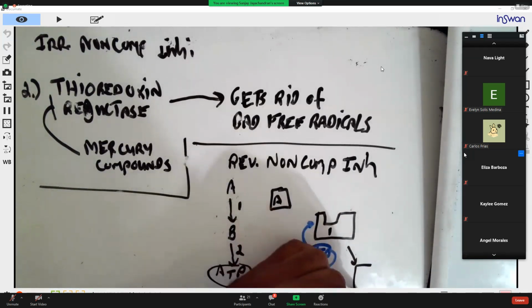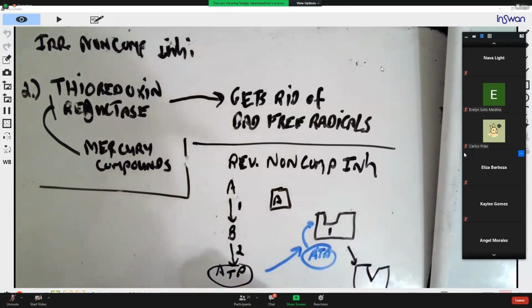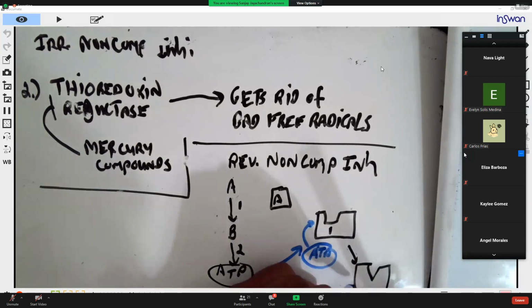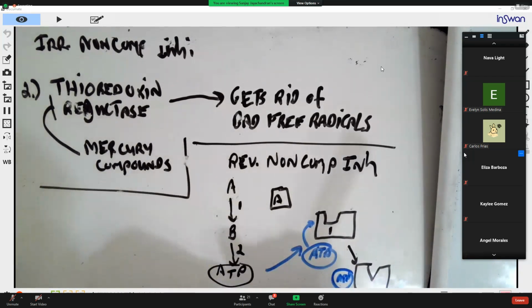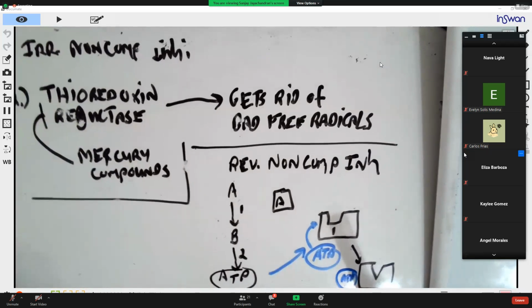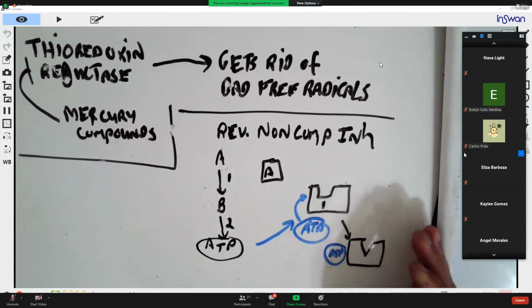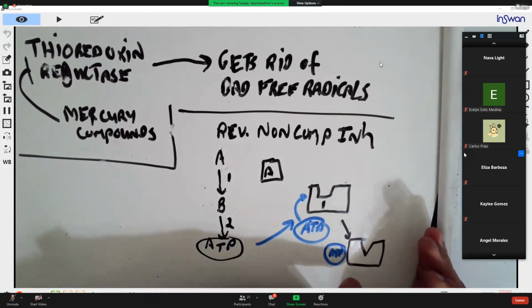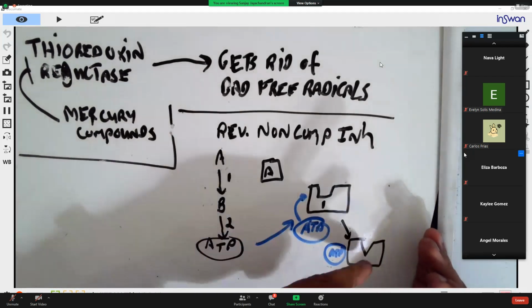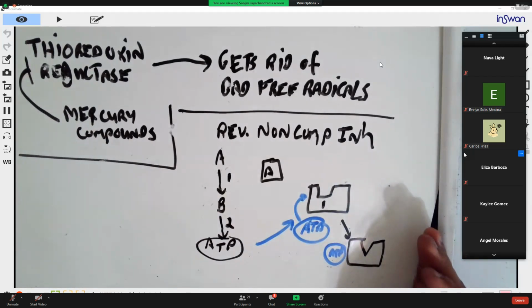and change its shape. So this is ATP hooking up. Okay, so it's going to change its shape. And basically now A can't fit into the active site.